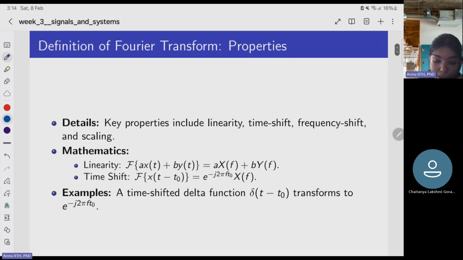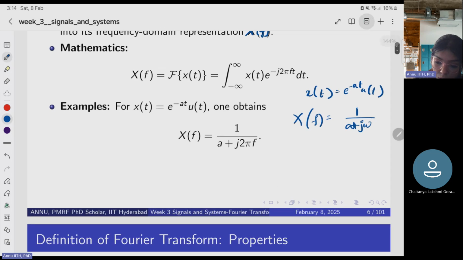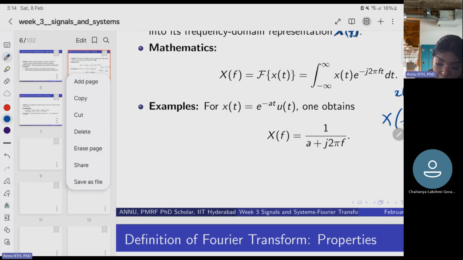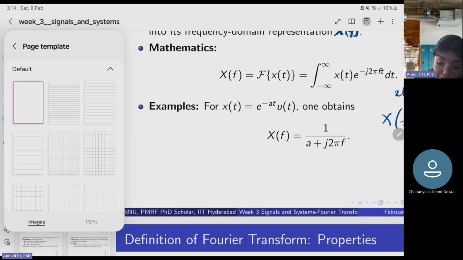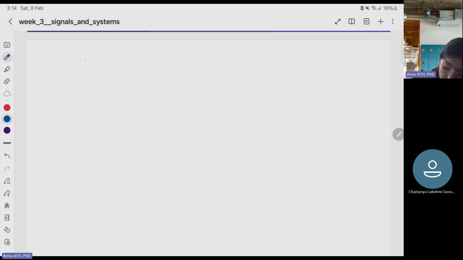There are some properties of the Fourier transform. Key properties include linearity, time shift, frequency shift, and scaling. Now I want to say something about the transform in the omega domain. People often get confused about omega, and where the 2π comes from. Forget about it; we should know the basic formula.